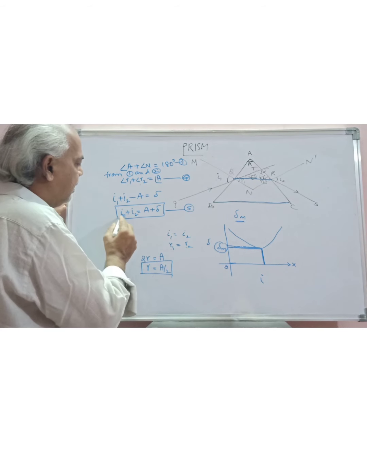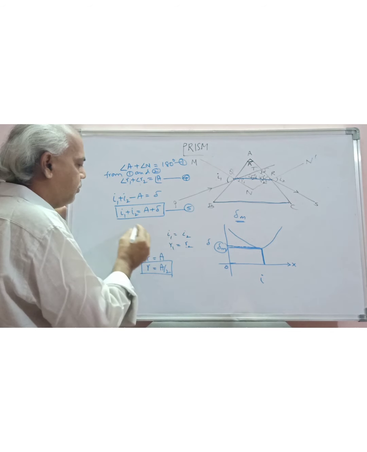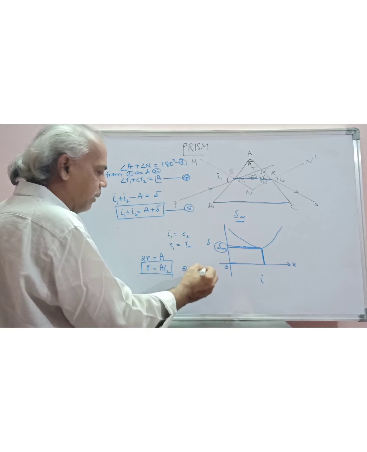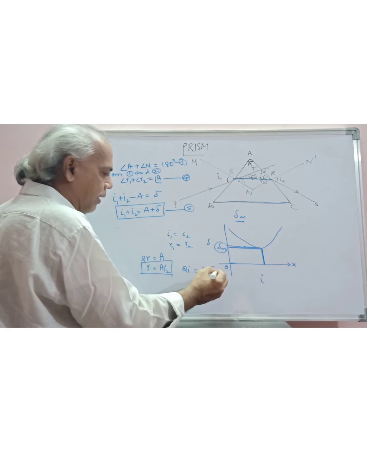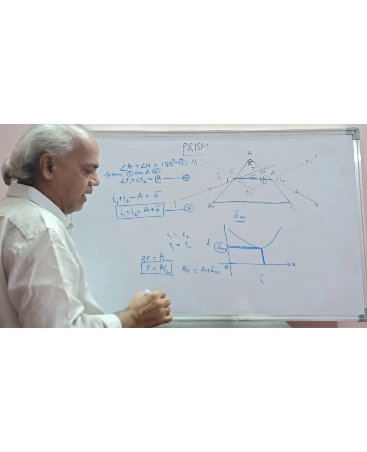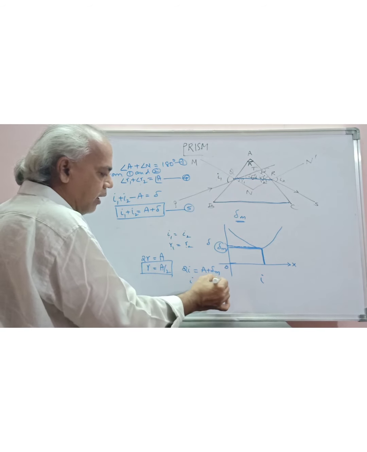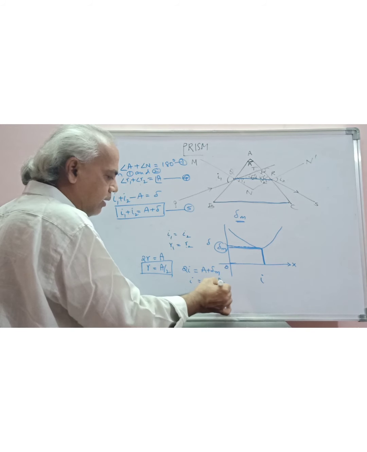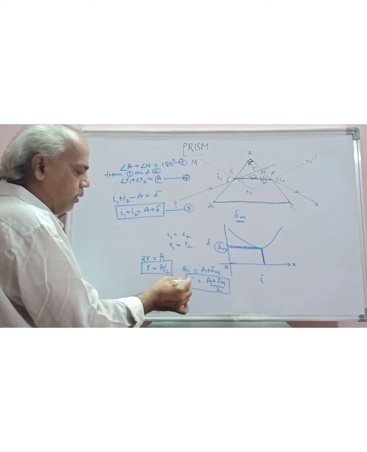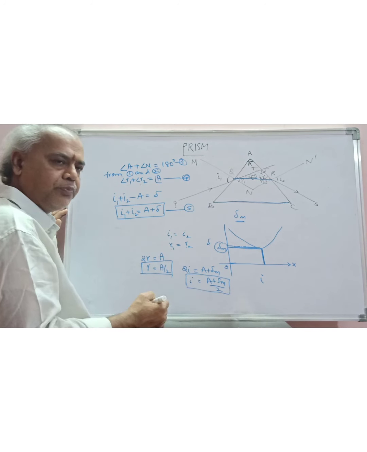Then I1 plus I2, where I1 is equal to I2, so 2I is equal to A plus δm, because it is the minimum deviation angle. So I is equal to (A plus δm) by 2, and R is equal to A by 2.